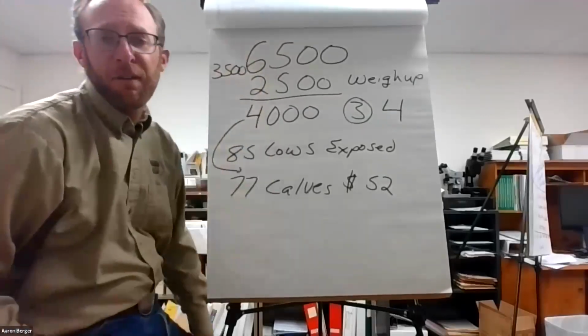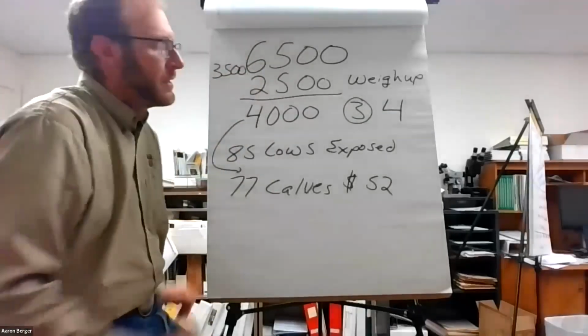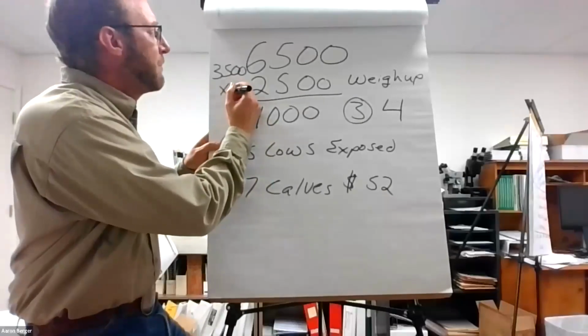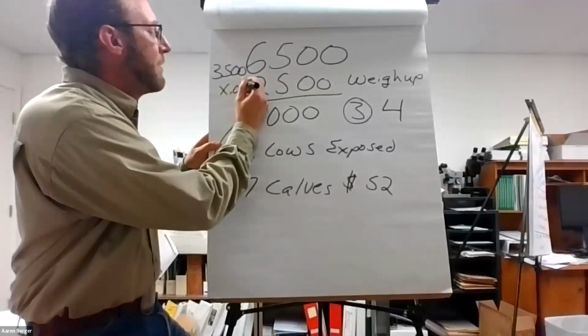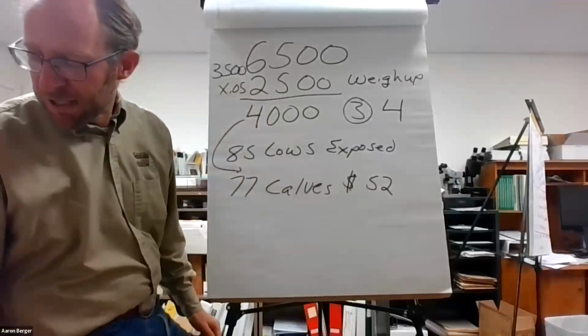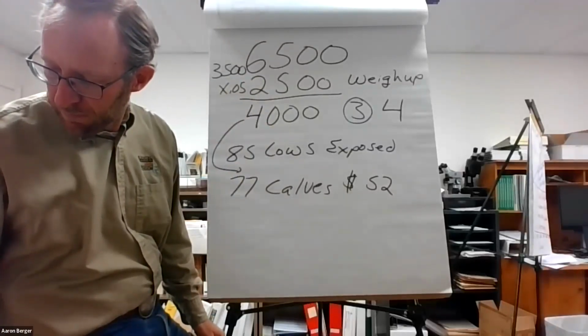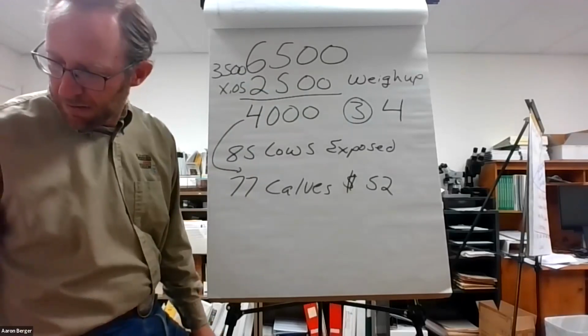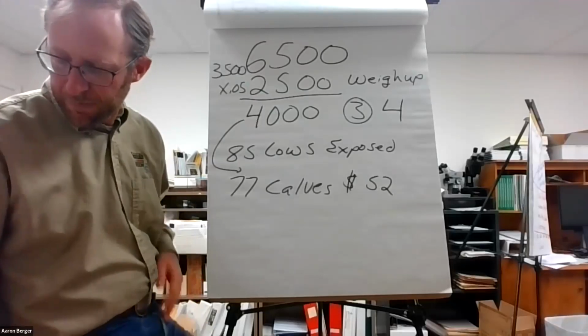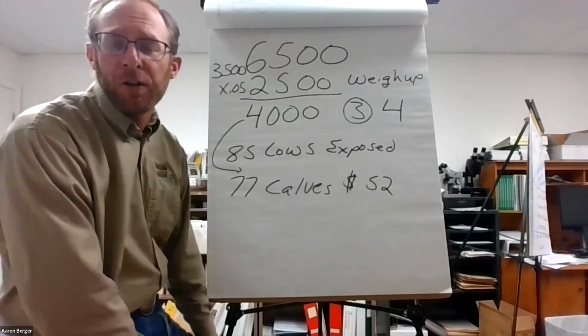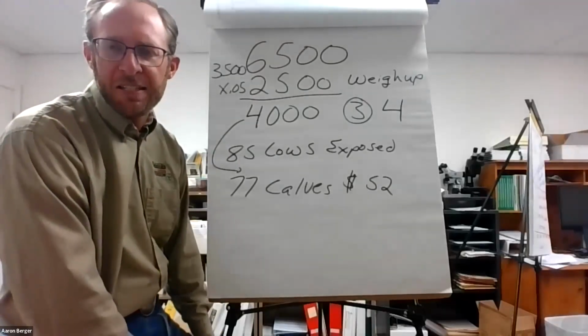And let's say that 5% of our bulls die. So let's take that times 5%, 0.05. 3,500 bucks times 0.05. Okay. That's $175 per year in death loss.